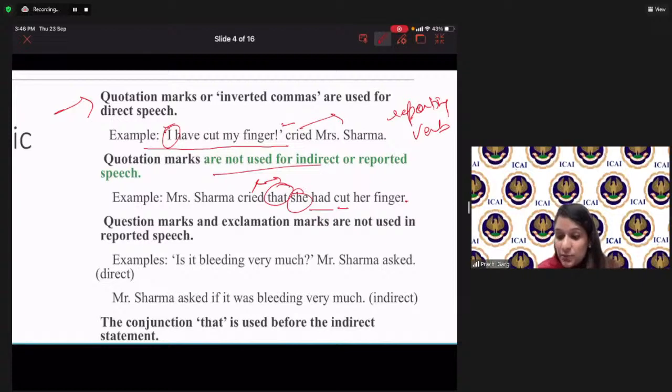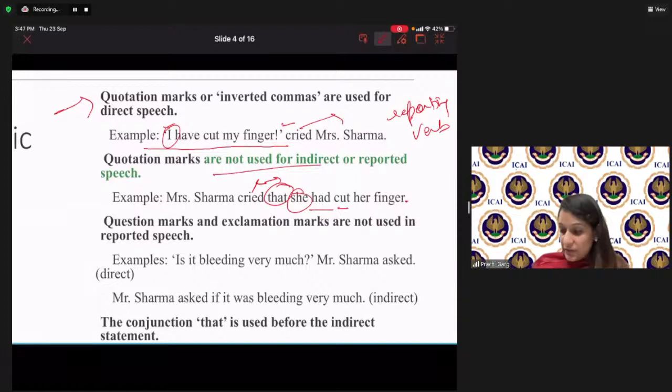In this case, this was in present perfect. Have plus third form of the verb. This will just change into past perfect. Clear? This is not very difficult to understand. This is only if the reporting verb is in the past tense. Clear? Yes.